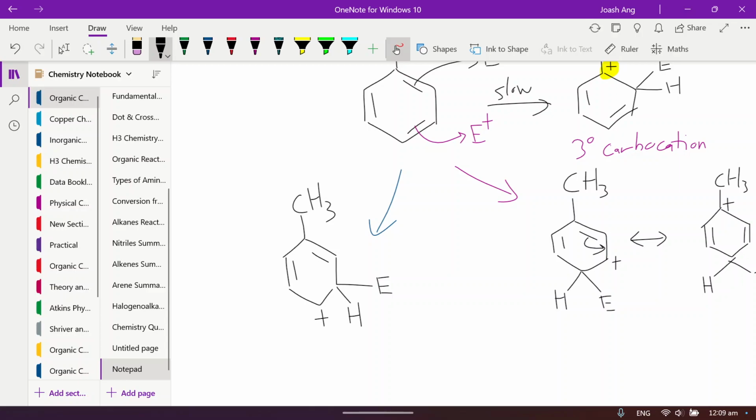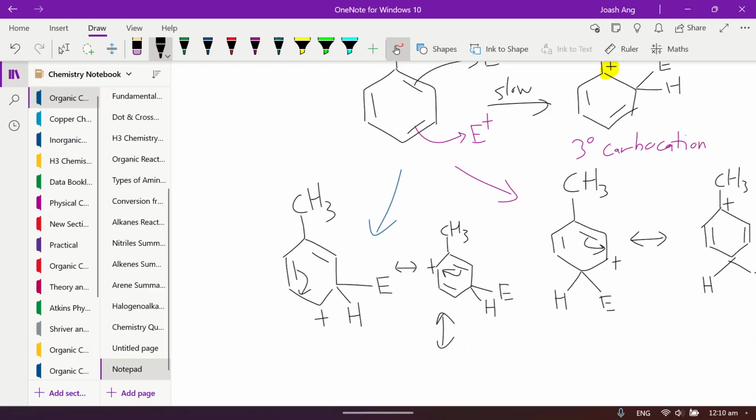So this will become positively charged if I shift here. I'll push the electrons here also.